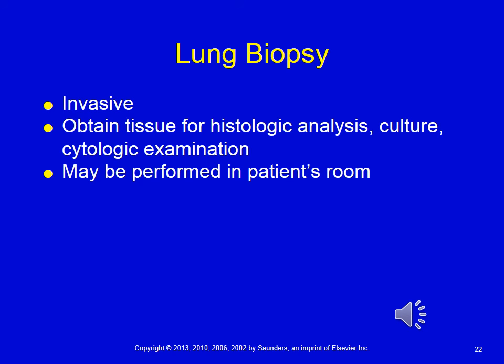Transbronchial biopsy and transbronchial needle aspiration are performed through the skin for areas that cannot be reached by bronchoscopy. An open lung biopsy is performed in the operating room. The patient may worry about outcome of the biopsy and may associate the term biopsy with cancer. Explain what to expect before and after the procedure and explore the patient's feelings.